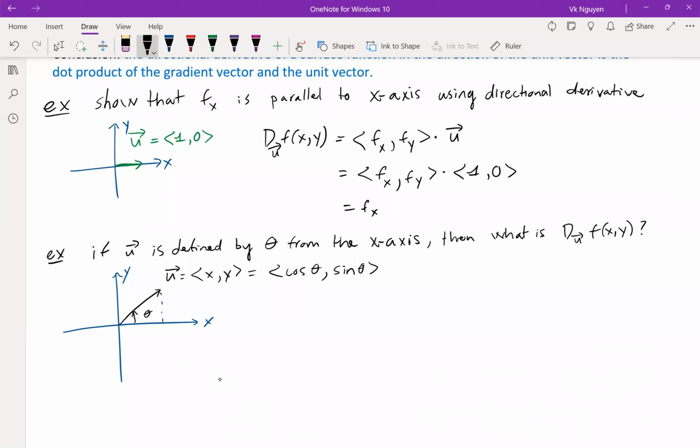Now, the directional derivative of f(x,y) is the gradient vector (fx, fy) dot the unit vector. The unit vector here is (cosine theta, sine theta).